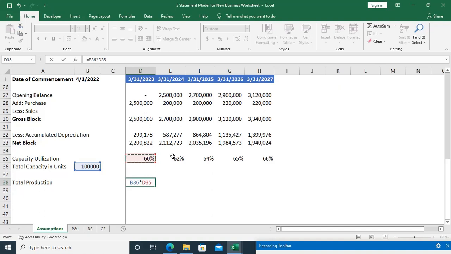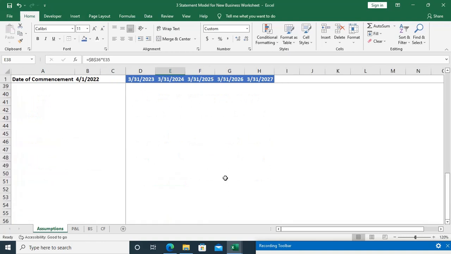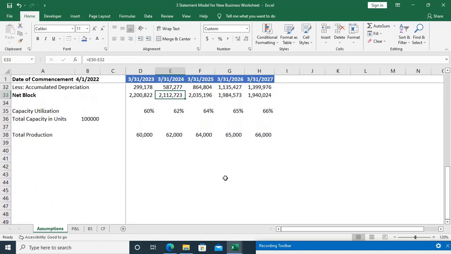But if we just fix this 1 lakh part, it would be very easy, right? You can just press enter, utilization is given here, Control R. You have got the results. Total production in units.